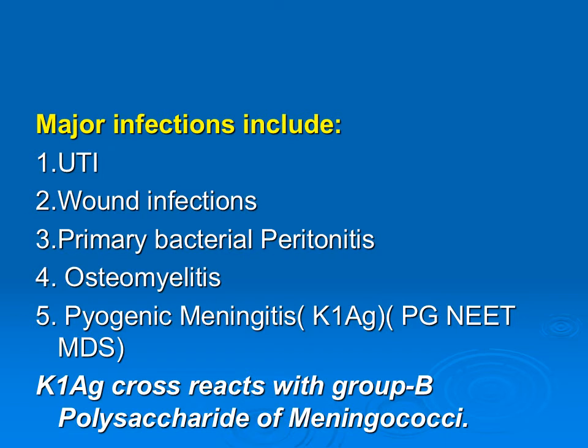This K1 antigenic strain cross reacts with the group B polysaccharide of meningococci. This was a PG NEET MDS entrance exam question in 2016. It also causes primary bacterial peritonitis, bone infections like osteomyelitis, and wound infections.